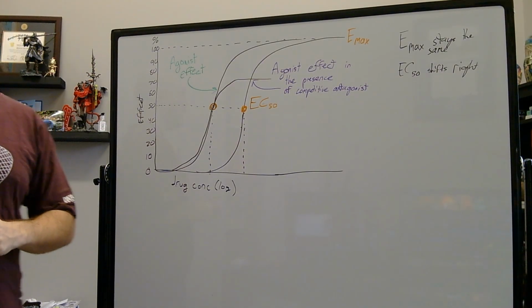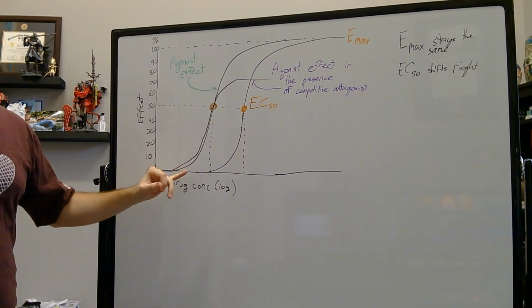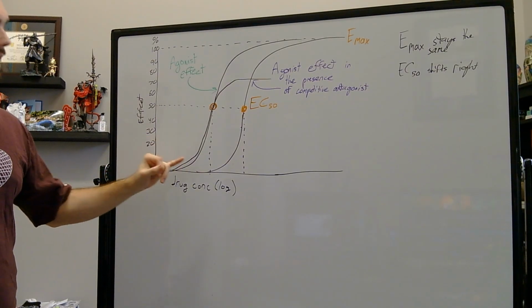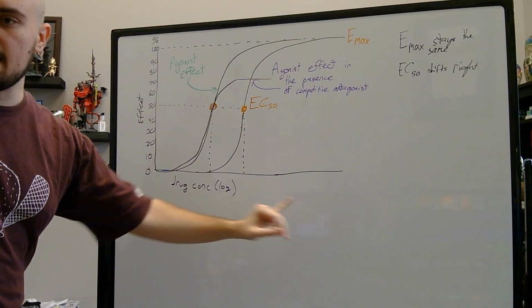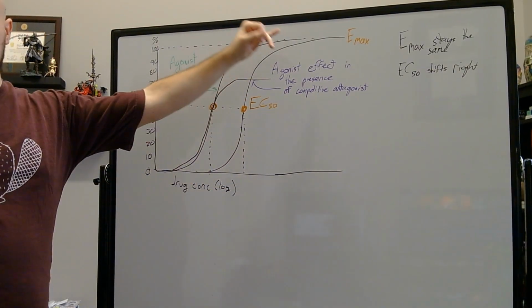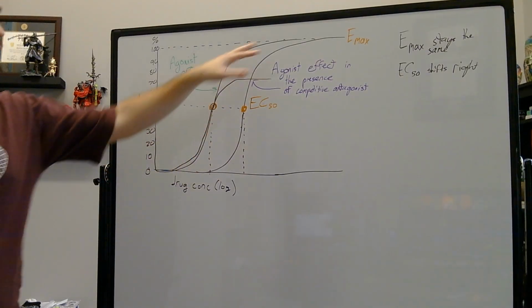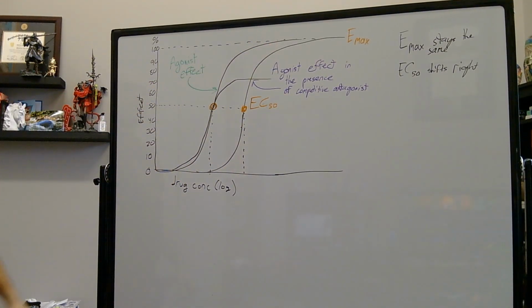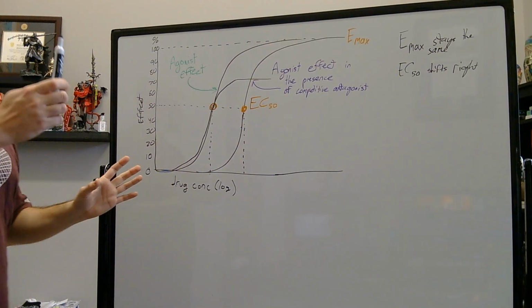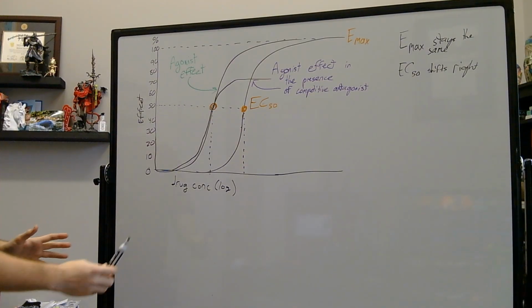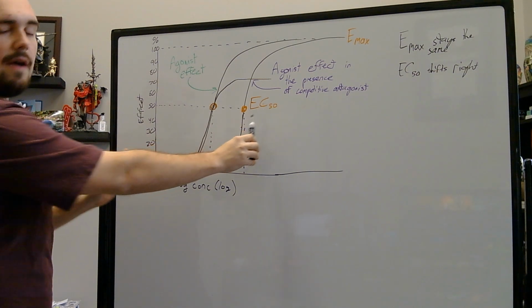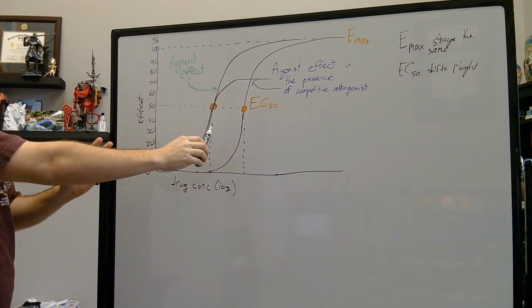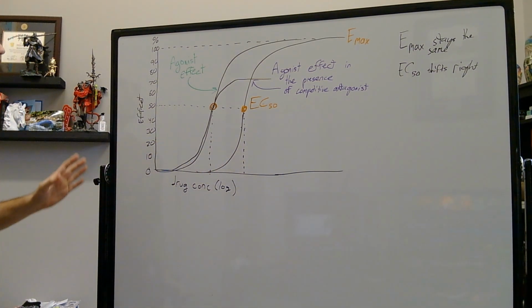That's important because if you increase the concentration of an agonist, you'll overcome this blockade. That's why they both go to the same Emax. With competitive antagonists, you have this EC50 value, which is how you measure how effective they are.